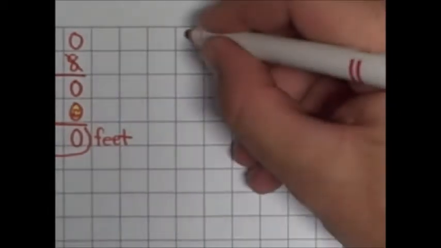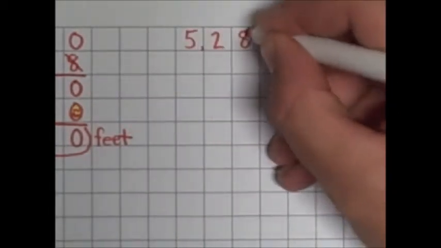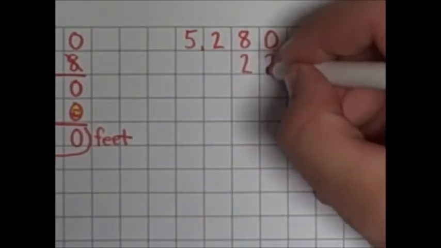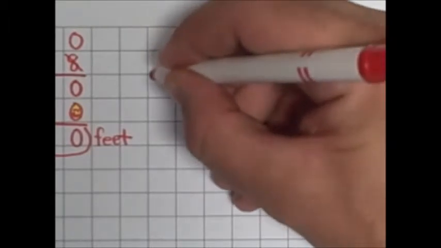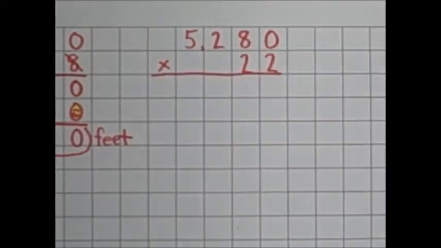My second example says that there are, again, 5,280 feet in 1 mile, true story, and if Amanda ran 22 miles, how many feet did she run? So it's a lot like Campbell's problem in example 1. We're going to start with 5,280 as our first factor. We're going to multiply that by 22. Taking great care to line up your 1s with your 1s and your 10s with your 10s.